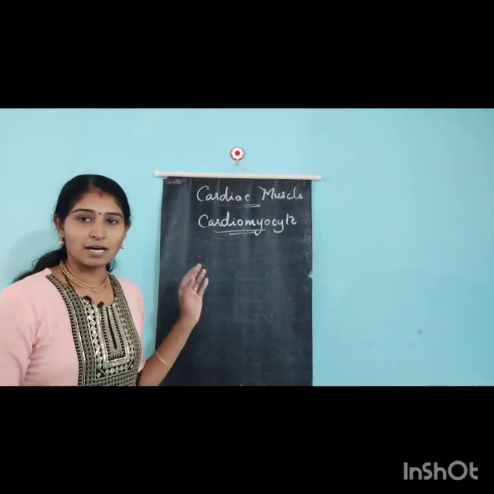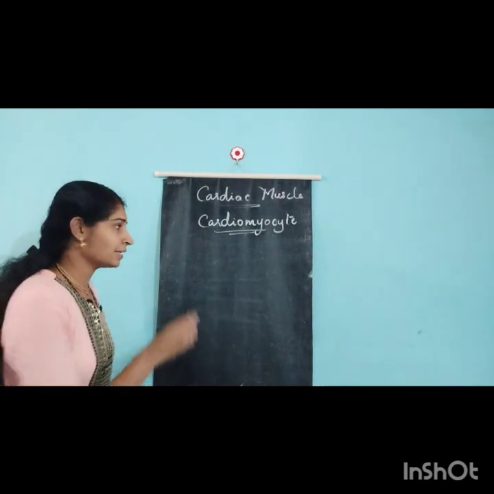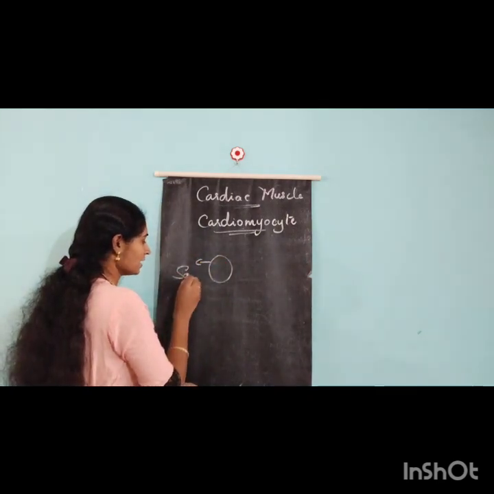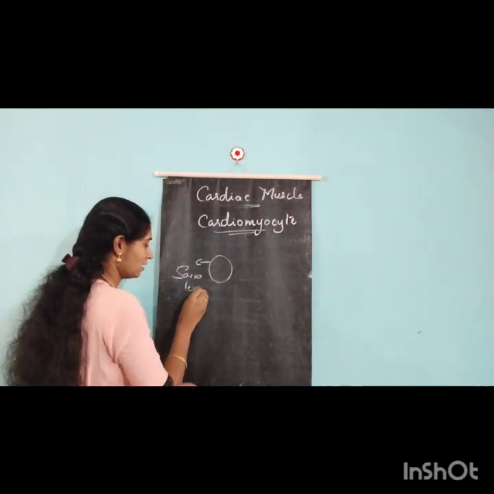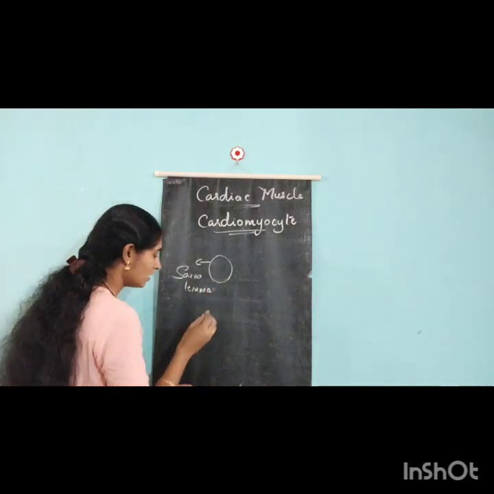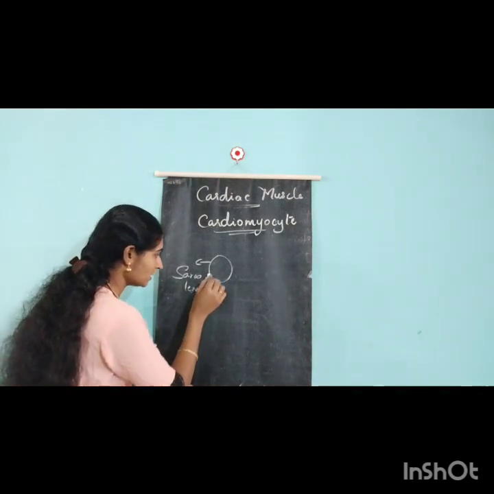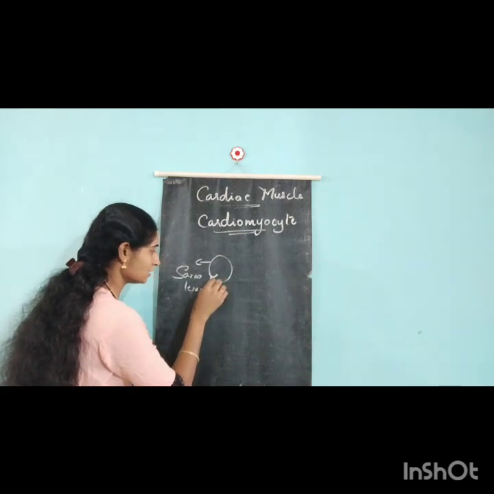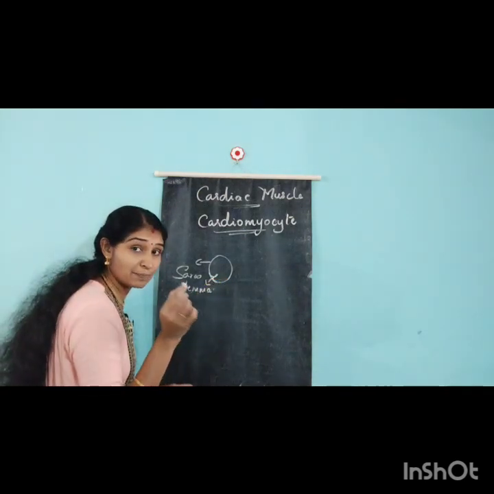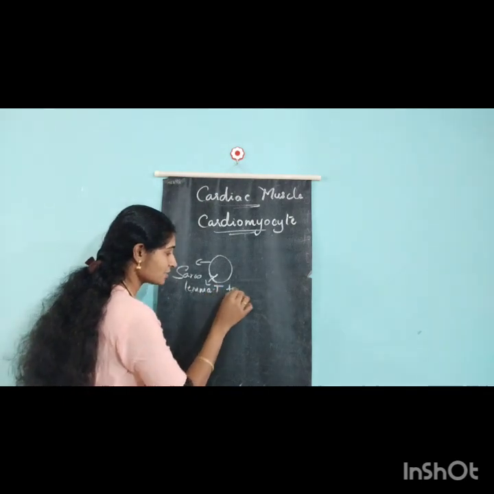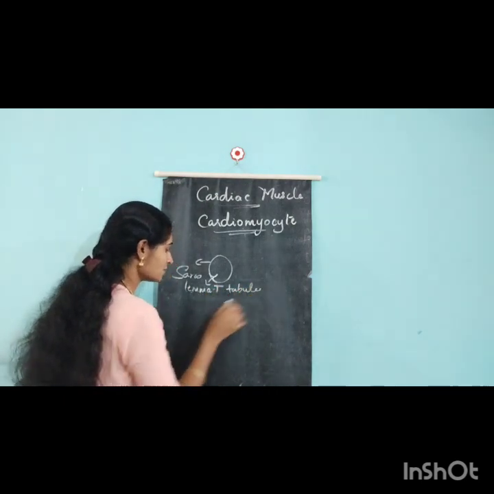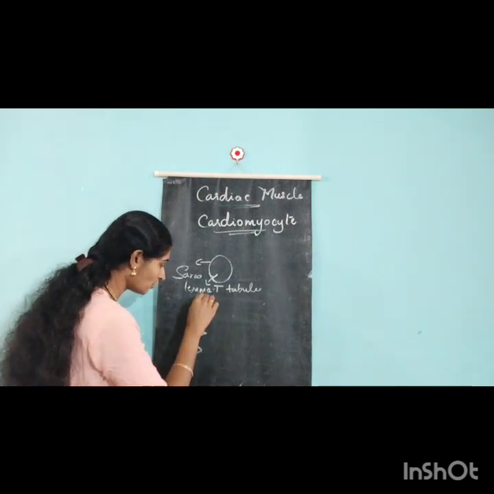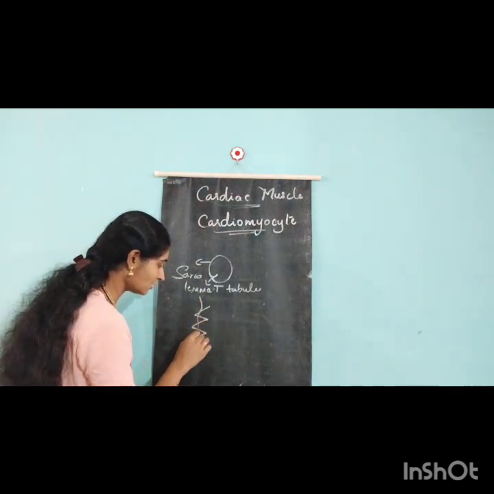This is about cardiomyocyte, and in cardiomyocyte we studied that the outer covering was called as sarcolemma, right? This sarcolemma has a highly branched invagination which is called as T-tubule, where you can see this T-tubule on the Z line. What we studied in sarcomere, on the Z line you can see this T-tubule.